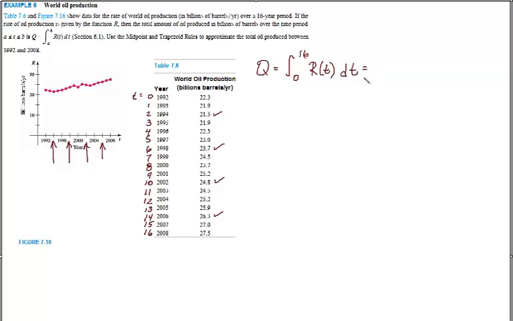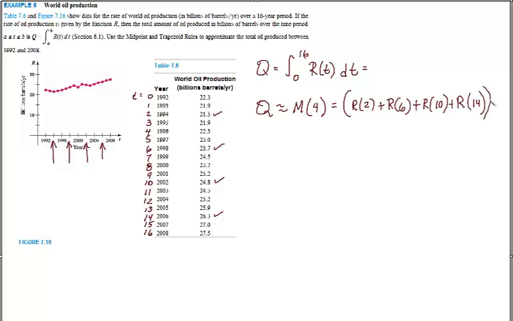So I want that value, and I'm going to approximate this Q by the midpoint rule with 4 subintervals, because we don't want to do too many more than this. The middle of each of these is going to be at r of 2 plus r of 6 plus r of 10 plus r of 14.